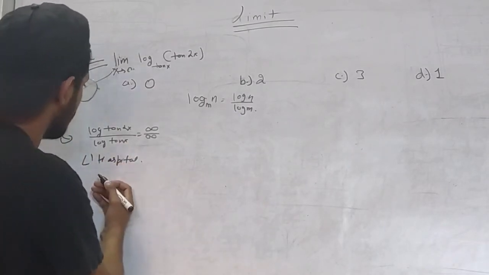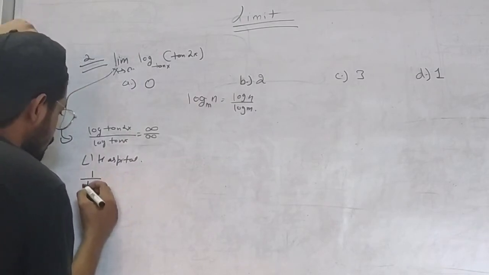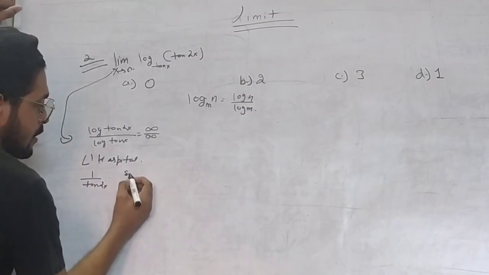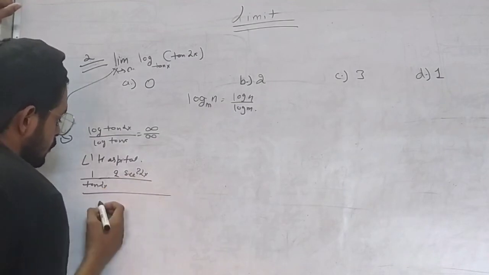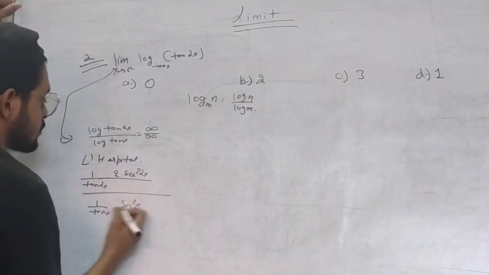If we differentiate it, it gives you 1 upon tan 2x, sec square 2x into 2, upon 1 upon tan 10x, sec square x.